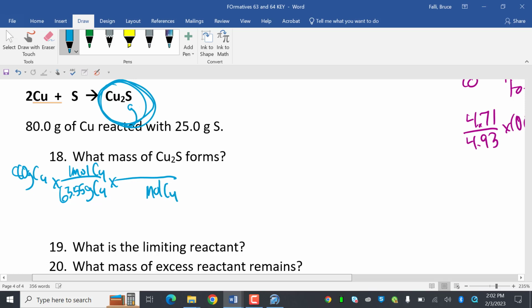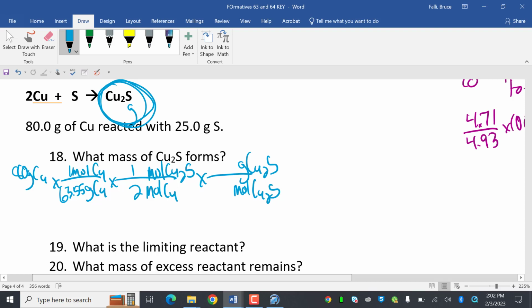So moles of copper on the bottom. I want to go into grams of Cu2S, but I've got to go into moles first. Moles over moles, use coefficients. So I've got a 1 and a 2. And then moles of Cu2S into grams of Cu2S.